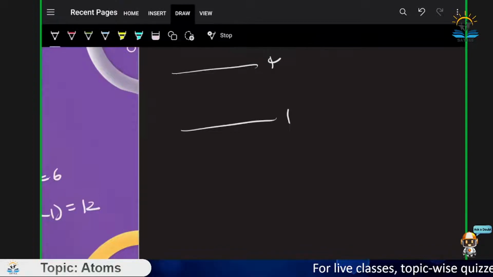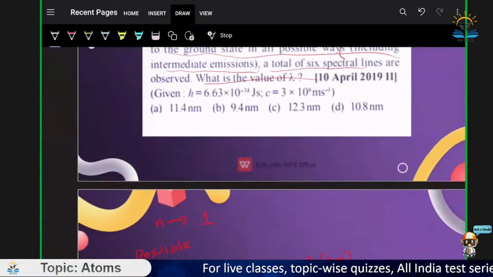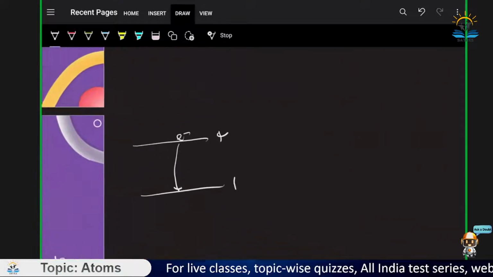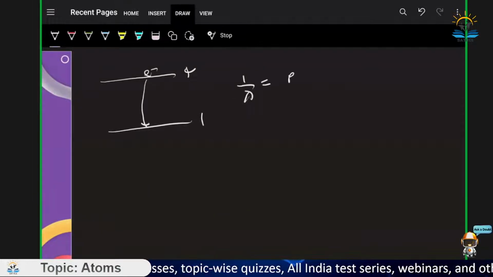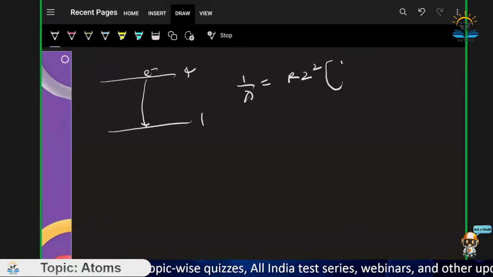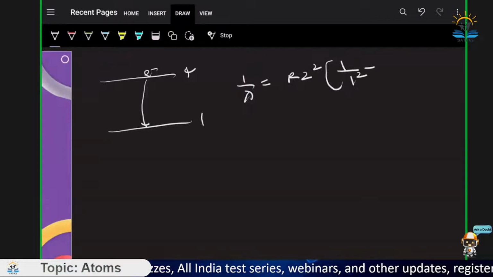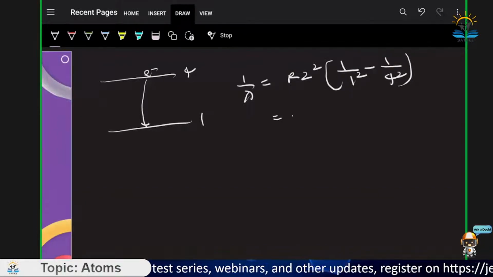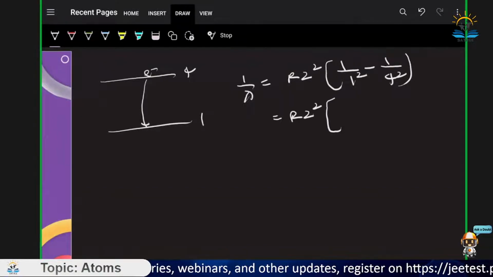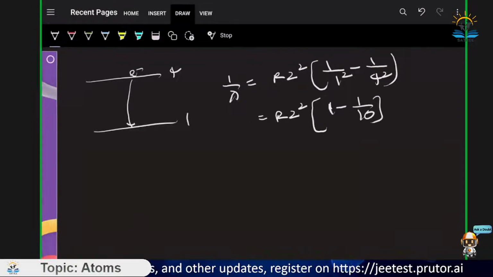From 4 to 1, the electron got de-excited. So we have to find the wavelength lambda. What is our equation? 1 by lambda equal to R Z square into 1 by n l square minus 1 by n h square. n l is 1, and n h is 4, so 1 by lambda is R Z square into 1 minus 1 by 16.